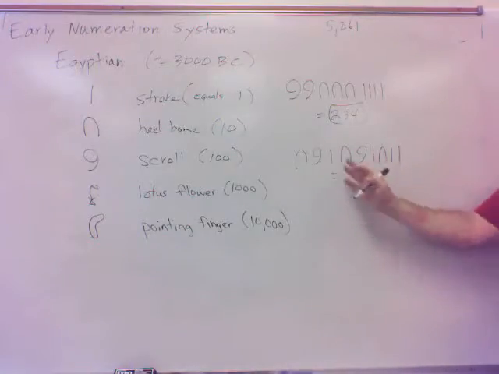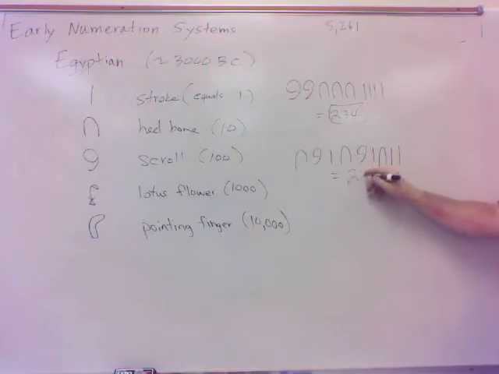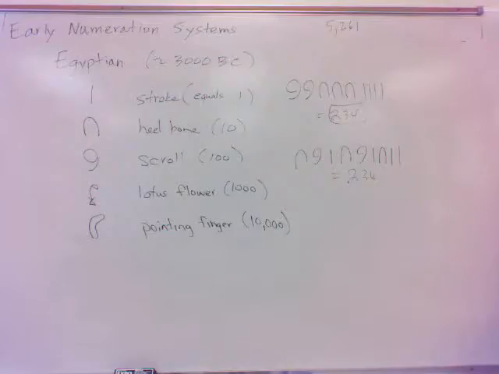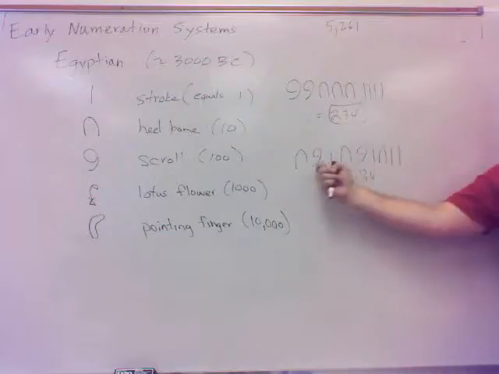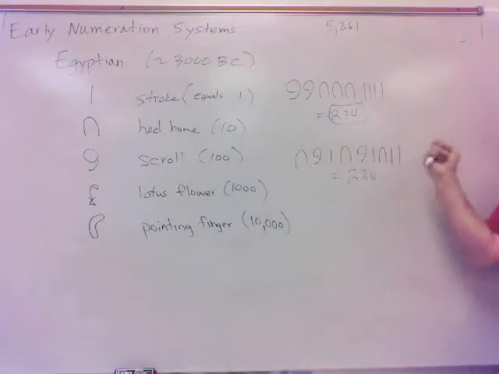Well, I got 234. It's the same number, okay? Yeah, their symbols didn't have any place value whatsoever. In other words, it wasn't positional. Their system was not positional. The position of the symbol did not mean anything. The scroll was 100, whether it was here, at the end, at the front, in the middle. It doesn't matter, okay?